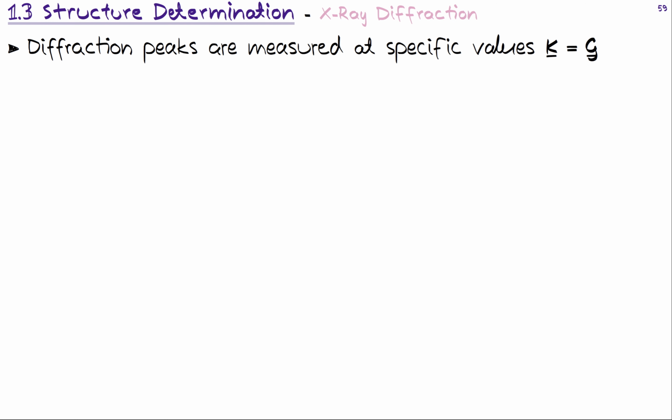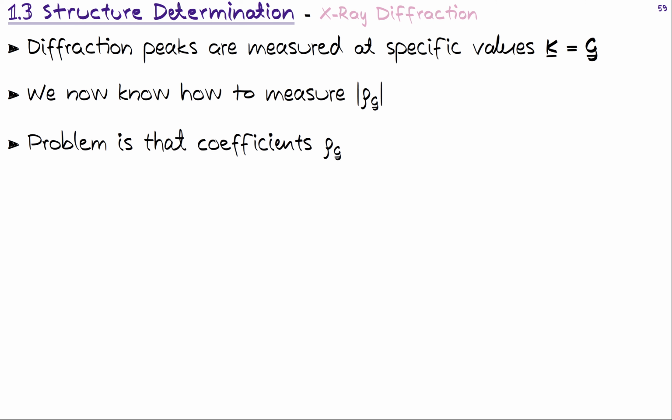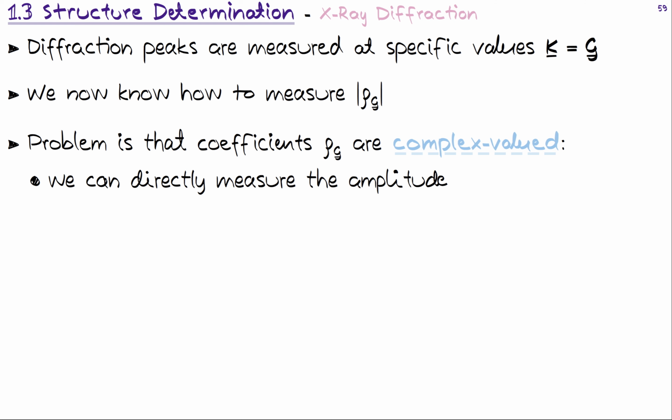So we see diffraction peaks, and we see them at very specific k values, and they correspond to the different reciprocal lattice vectors that we may have. So now we basically have means to measure these charge density coefficients, rho g's. The trouble is that when we are measuring the modulo square, these coefficients in real life are complex valued, and this is an issue because we can only directly measure the amplitude.